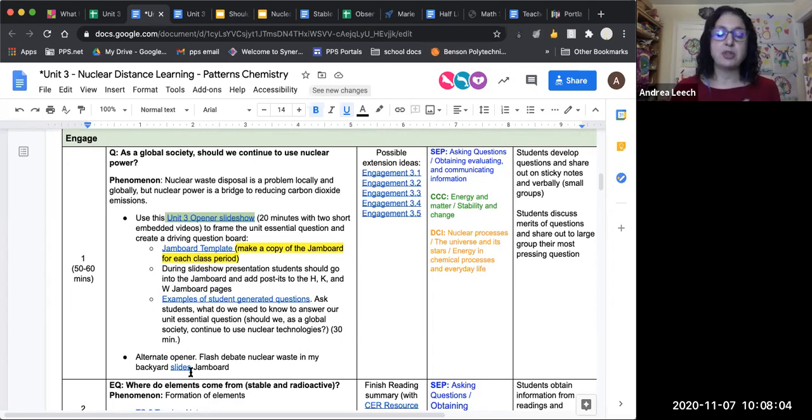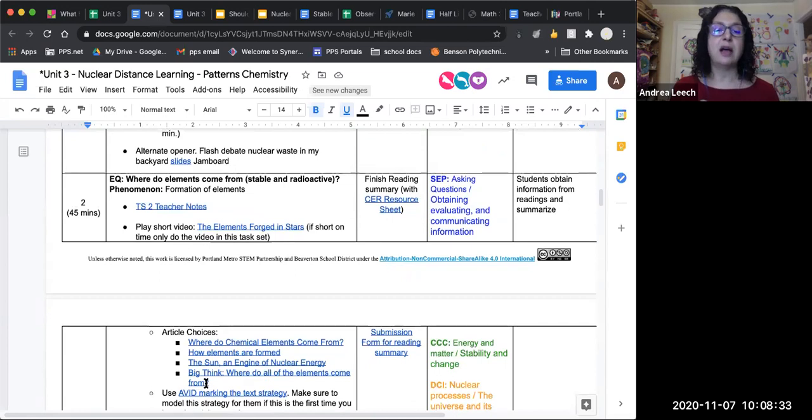The second optional opener is a flash debate that runs about the same length of time, where students have what I call an internet debate, where they don't use any resources or information. They just go with their gut and come to the conclusion that they can't come to a conclusion with just their gut. And then they bring out all of the questions that they would want to answer with this unit, and then we align them with the unit. So I'll show you both of those in a minute.